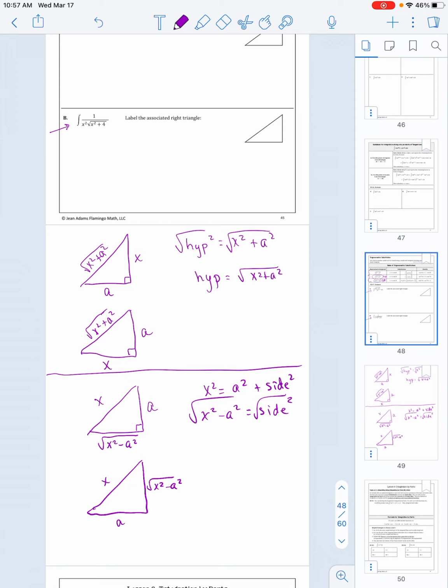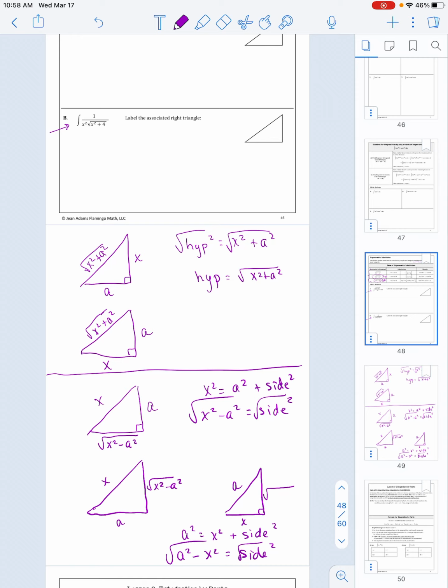And then the last situation, what if your constant is your hypotenuse? What if this was your hypotenuse? And one of these was your sides. It doesn't matter which one. Well, if we were using the Pythagorean theorem, a squared equals x squared plus side squared, we would say a squared minus x squared equals side squared, and take the square root of both sides.